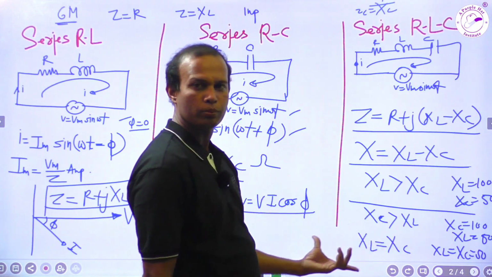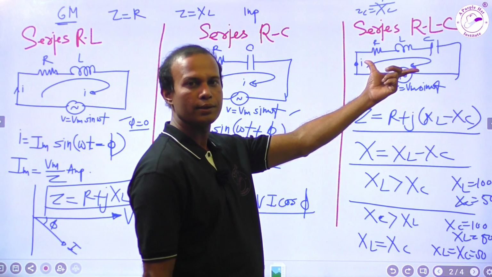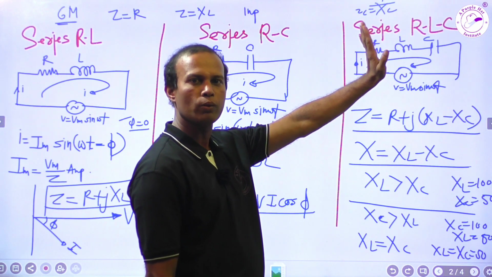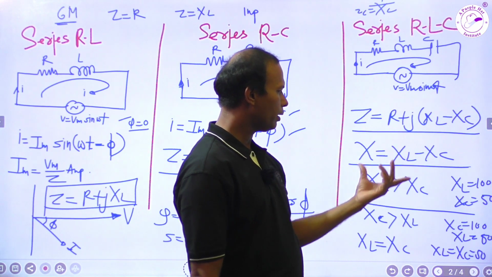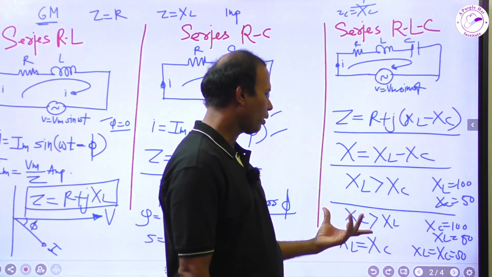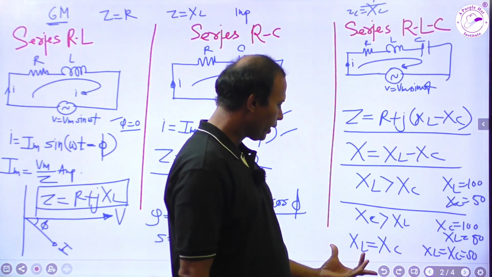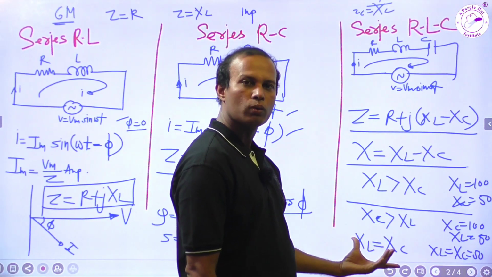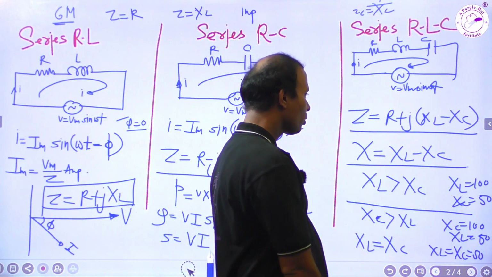Both values 50-50, both are similar. These are three possibilities in case of the RLC circuit, because when we connect resistor, inductor, capacitor in a circuit we have three choices. Either inductive reactance may be greater or capacitive reactance may be greater, and circuit behavior changes, or when inductive reactance becomes equal to capacitive reactance, the circuit is under resonance condition.